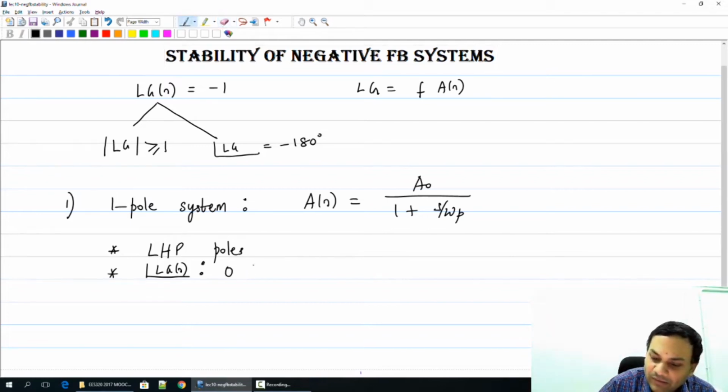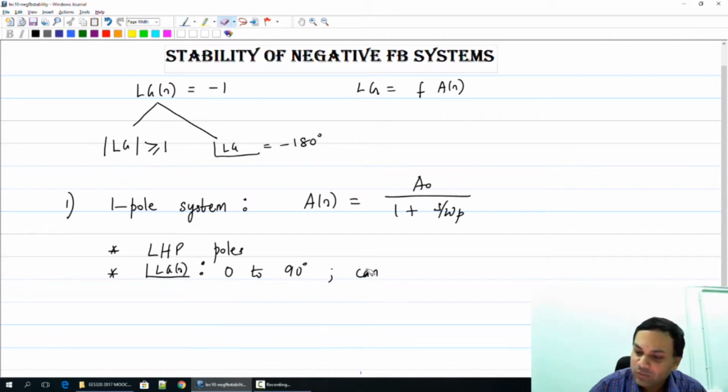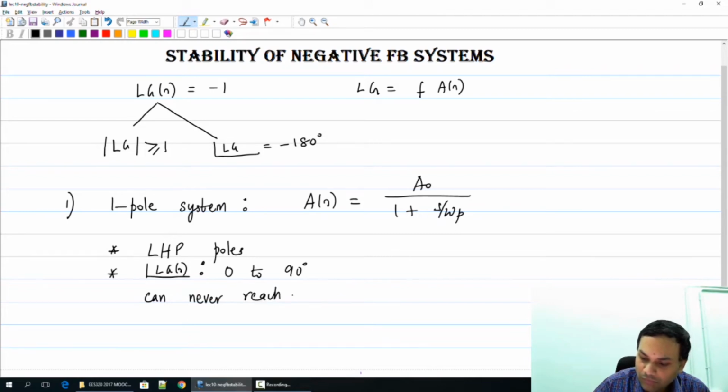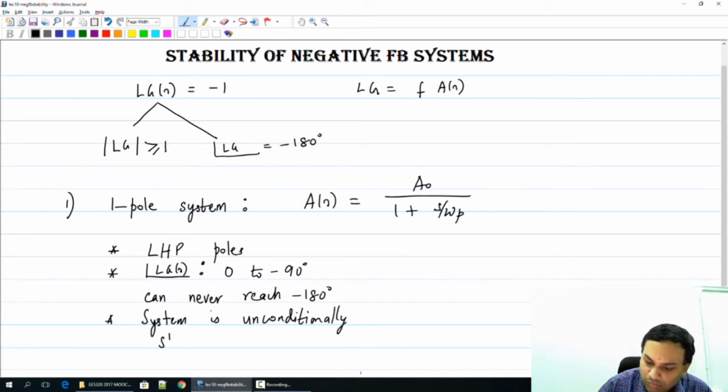So the loop gain angle spans 0 to minus 90 degrees. It can never reach minus 180 degrees. So what this means for us is that the system is unconditionally stable.